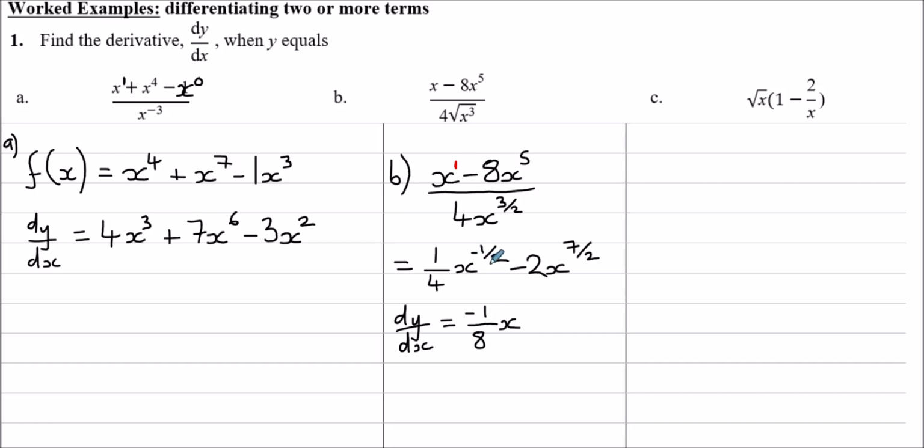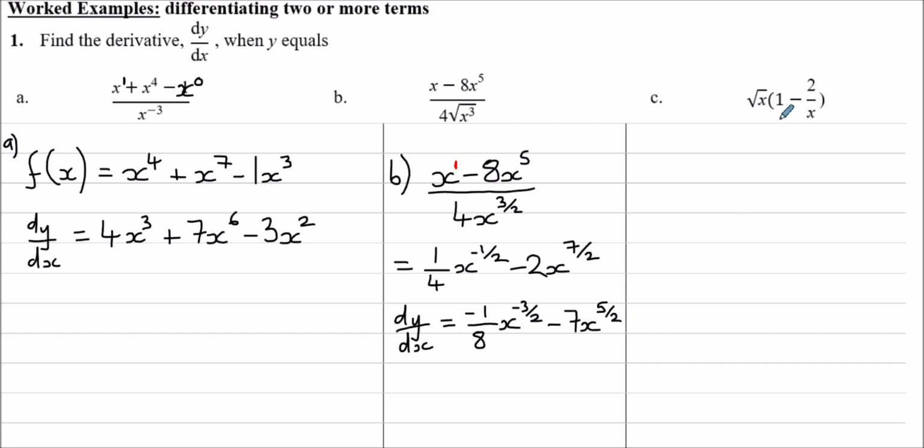Then this power is going to subtract by 1, so that becomes minus 3 over 2. And over here, that 7 over 2 is going to come to the front as well. So we're going to have minus 2 multiplied by 7 over 2. So that's going to be minus 7 x. And the 7 over 2 we're going to reduce by 1. 7 over 2 subtract 1 is going to be 5 over 2.